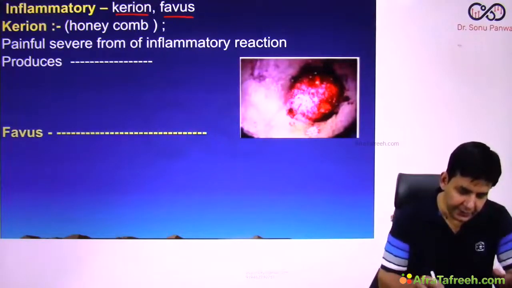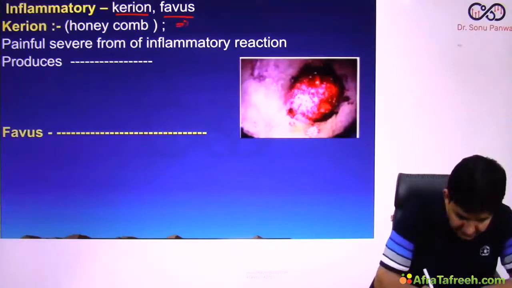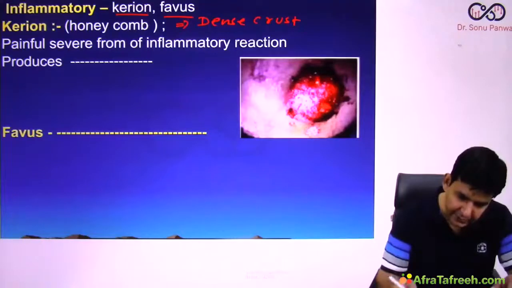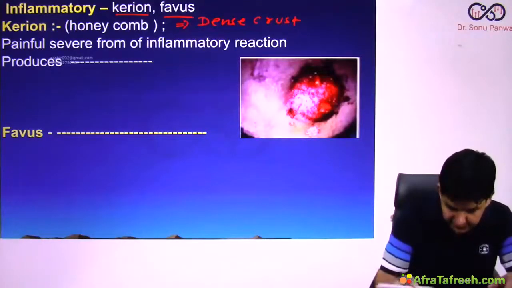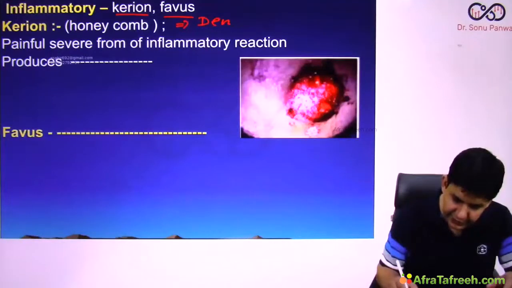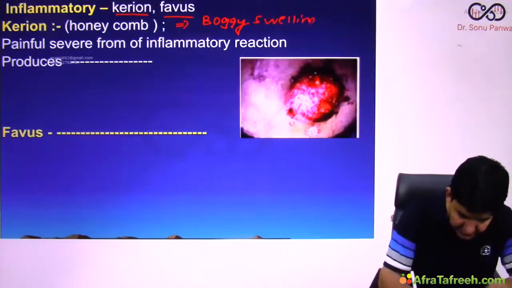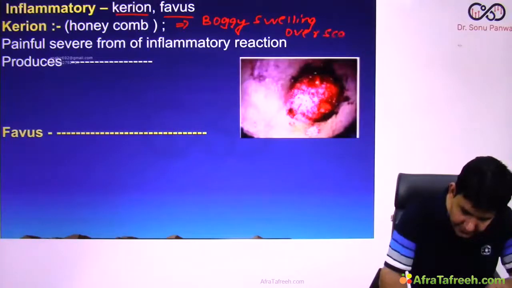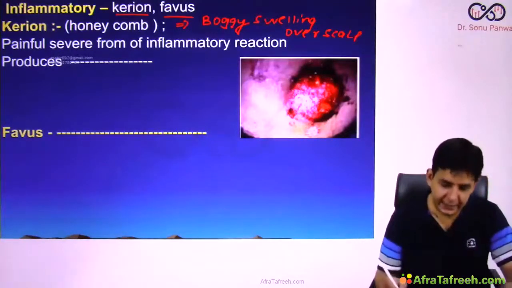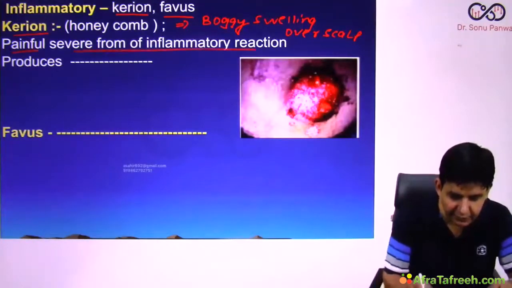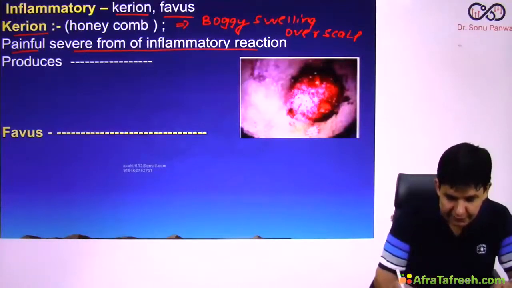Remember, kerion is a boggy swelling over the scalp, as shown in this picture. It is a painful, severe form of inflammatory reaction, and this type of boggy swelling is formed.